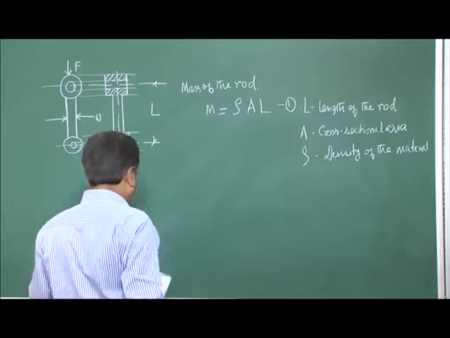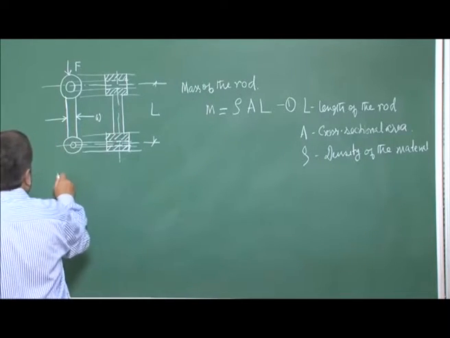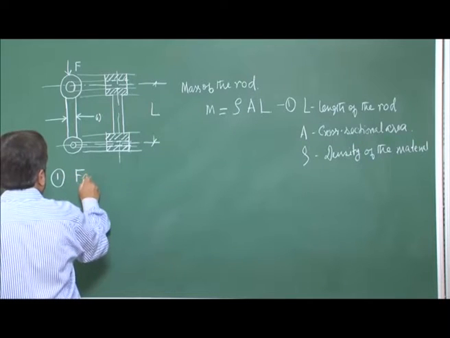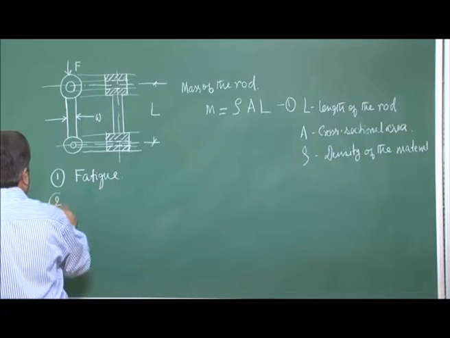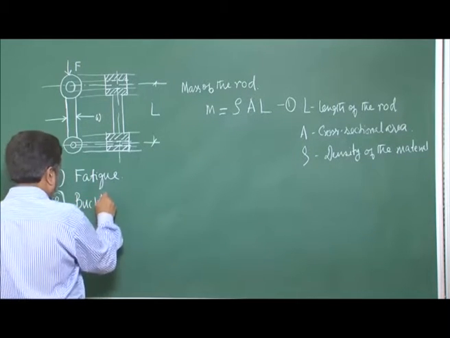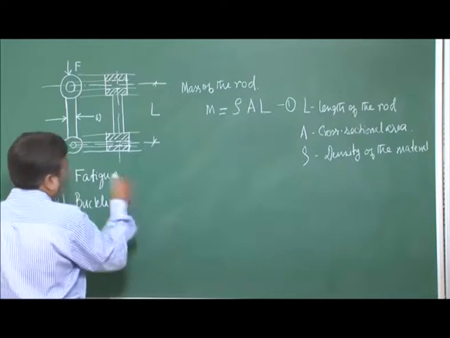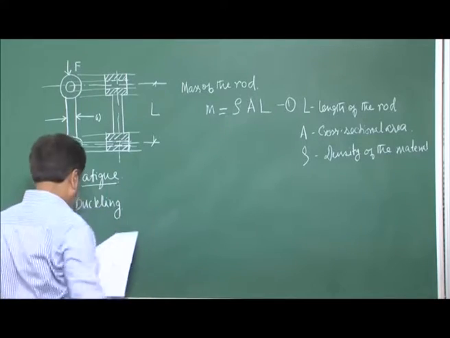Now we have two constraints in this case. What are the two constraints? Number one is fatigue, and number two is buckling. So let us take up the first constraint, that is fatigue.